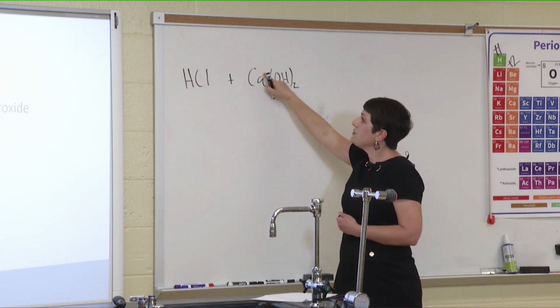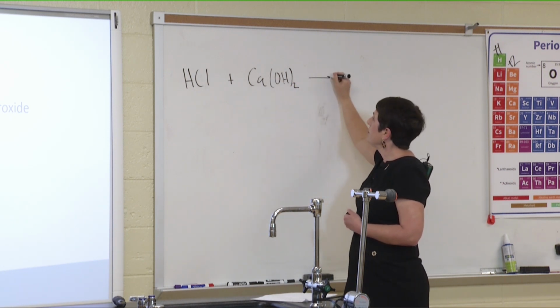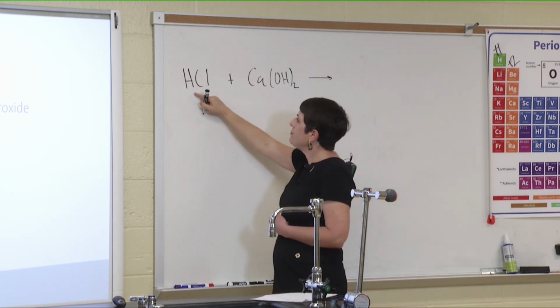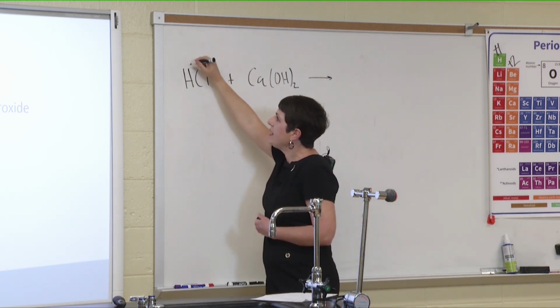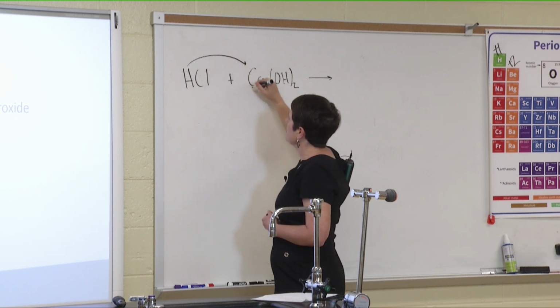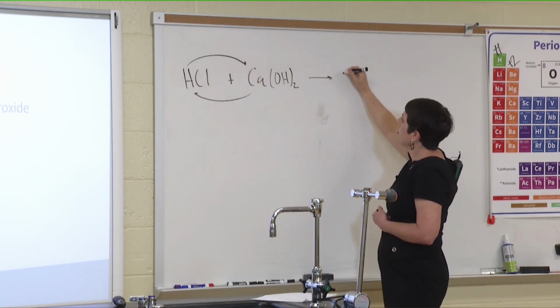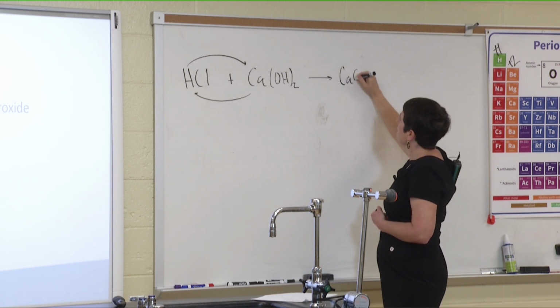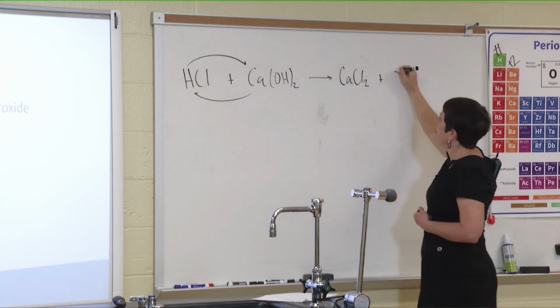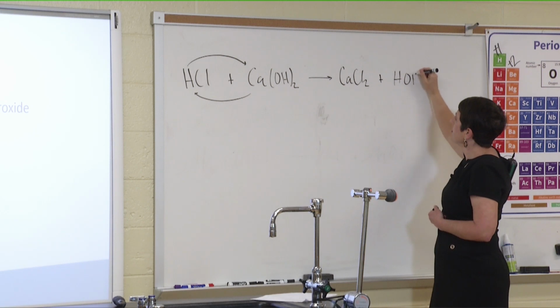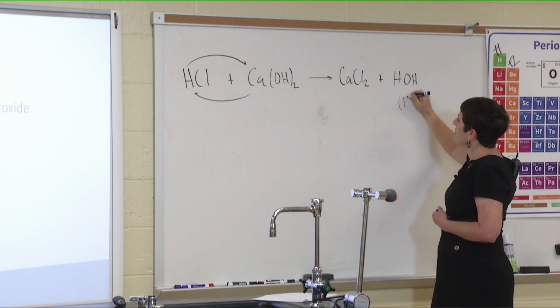The 2 comes from the +2 on the calcium. Now, what's going to happen is the cations are going to replace each other. So you end up on the other side with calcium chloride plus HOH, which is actually water, H2O.